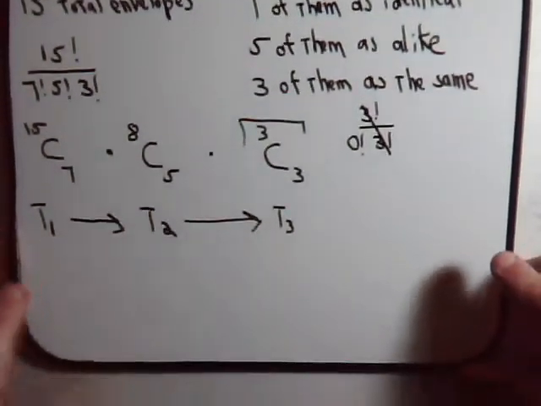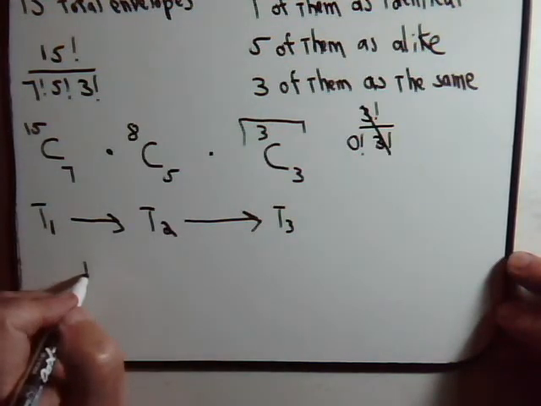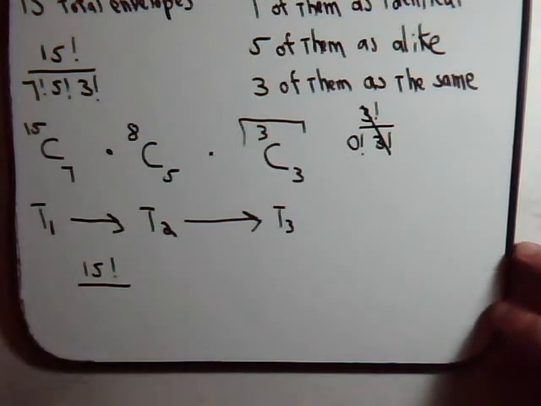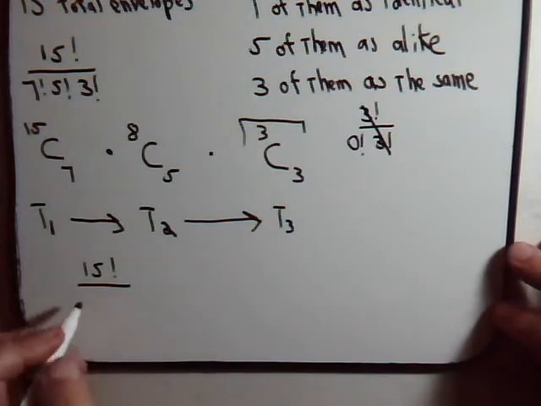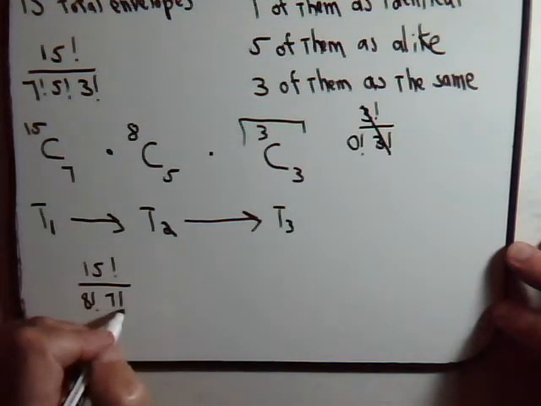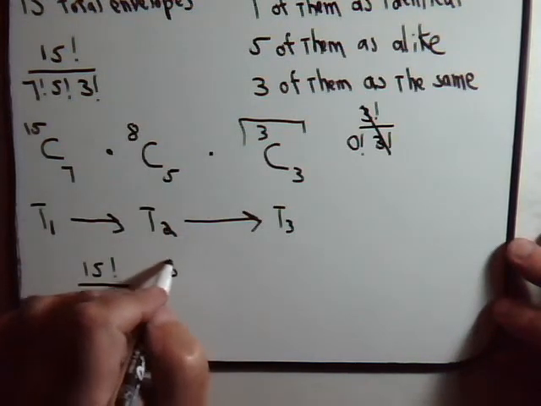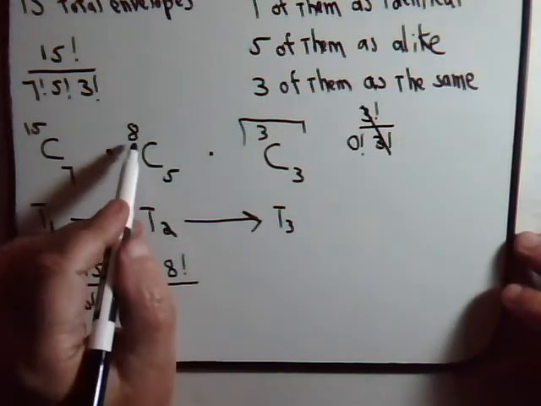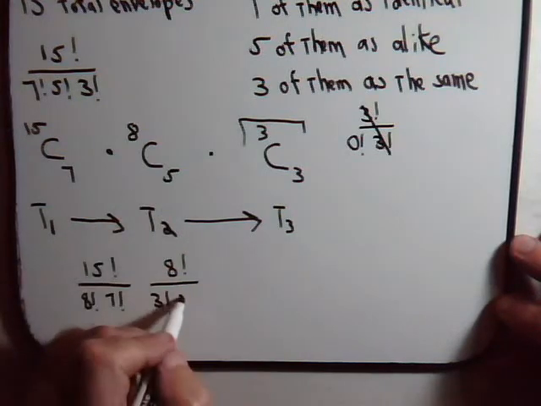So let's see. Here we have 15 factorial divided by 15 minus 7, which is 8 factorial, times 7 factorial, and this is 8 factorial divided by 8 minus 5, which is 3 factorial, times 5 factorial.